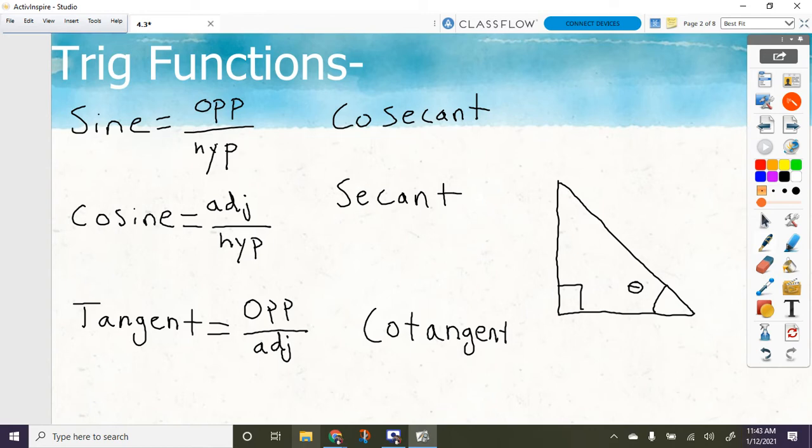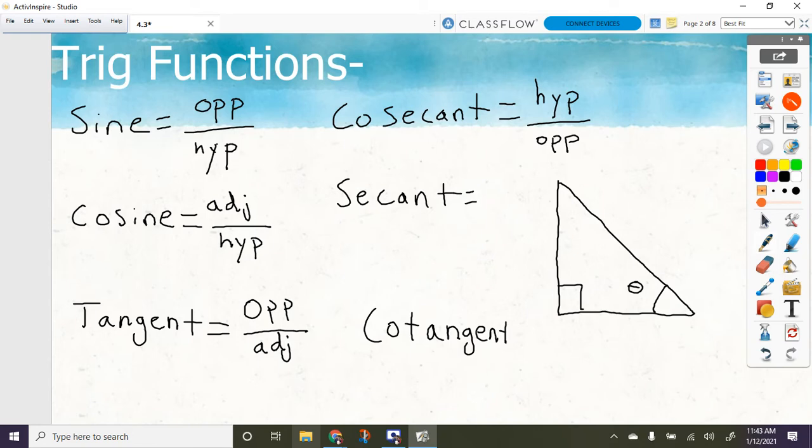So cosecant is going to be the reciprocal of sine. So if it's the reciprocal, what is it going to equal? Hypotenuse over opposite.